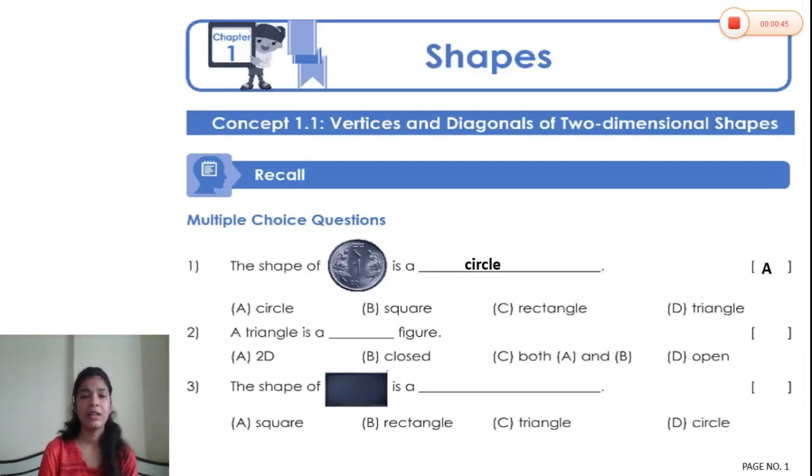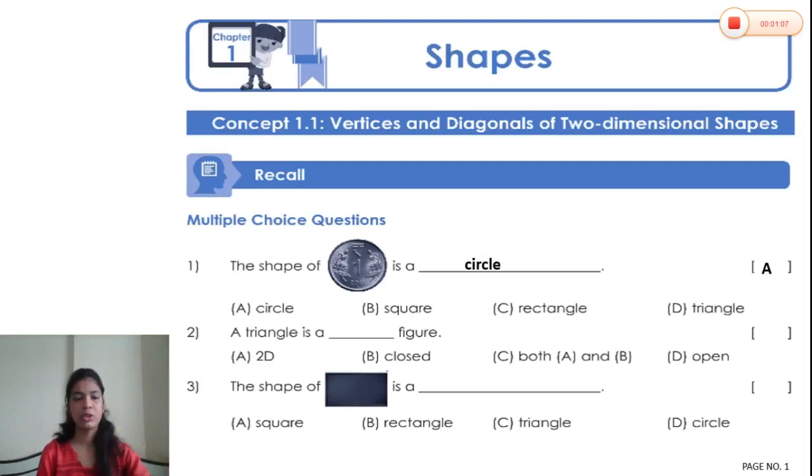Now, second, a triangle is a dash figure. Here you can see the triangle. Now, can you tell me, is it a closed figure? Yes. Is it a 2D figure? Yes. Is it an open figure?